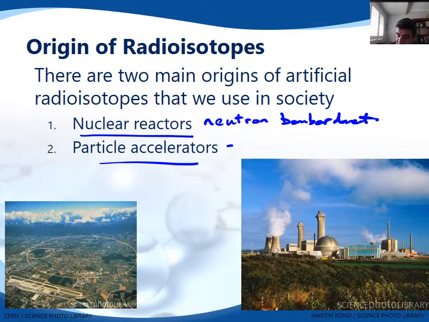This is usually firing alpha particles or heavy nuclei at other nuclei in order to try and get some sort of large atom to form. Some of the transuranic elements we'll look at in one of the other videos will be a specific application of particle accelerators.